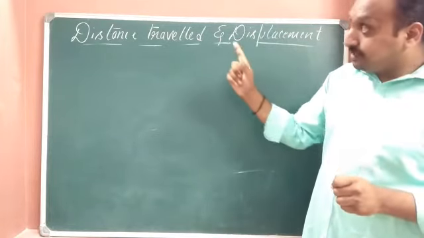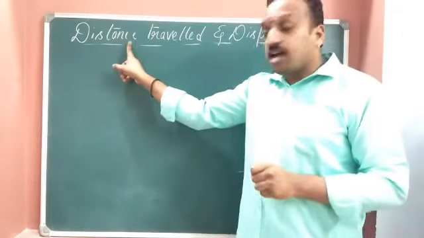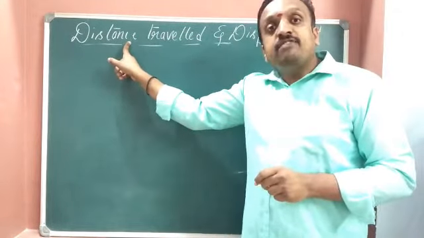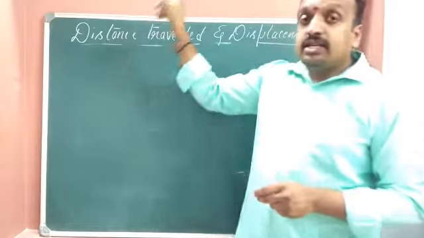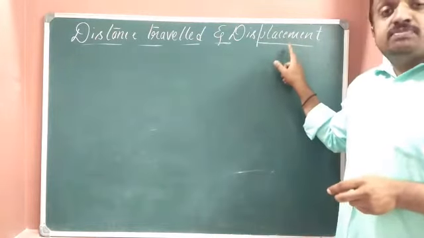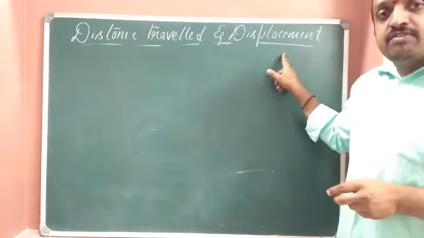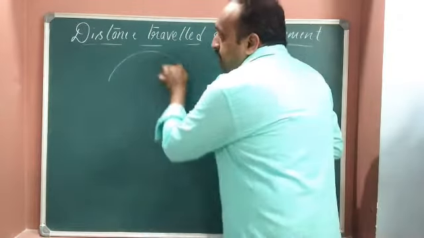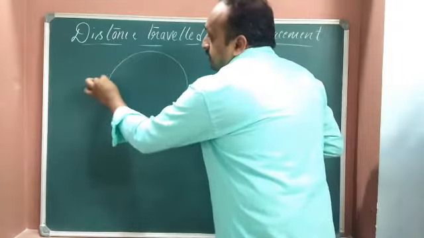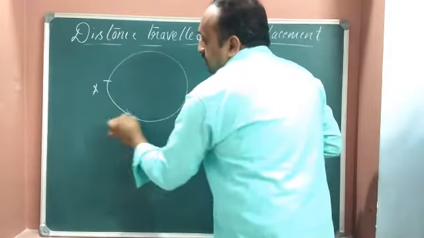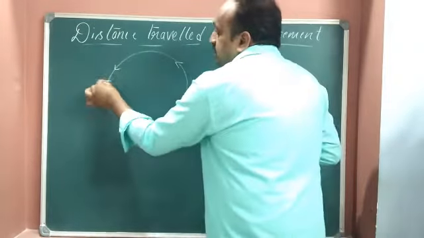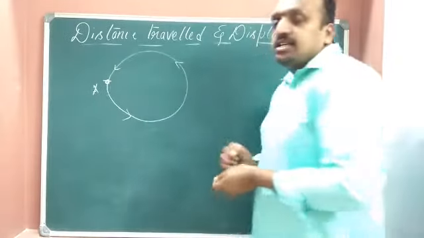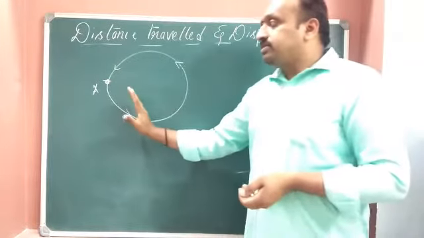And one thing: distance traveled cannot be negative or zero, but there is a chance displacement can be negative or zero. For example, if you take a circular path and the object moves in this direction and comes back to its original position, the displacement is 0.